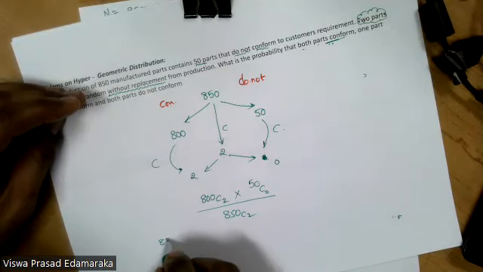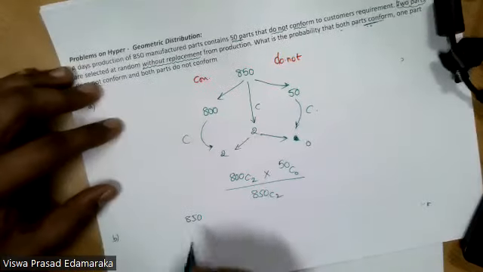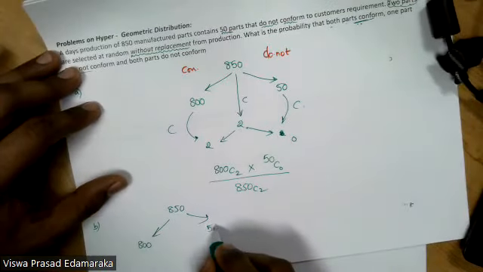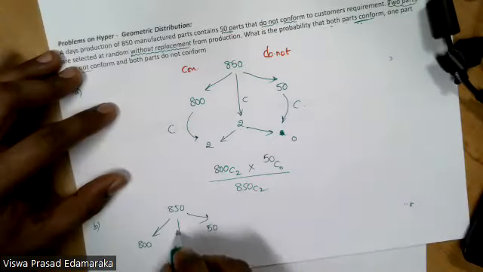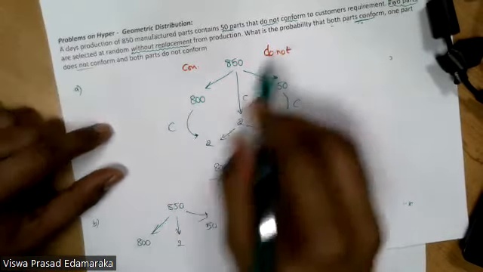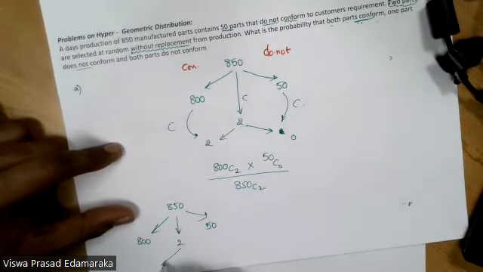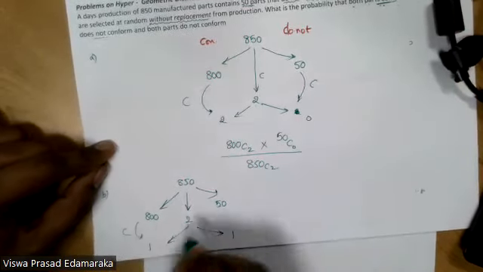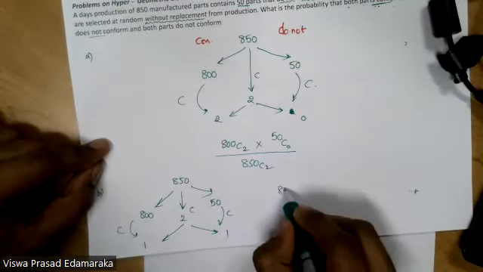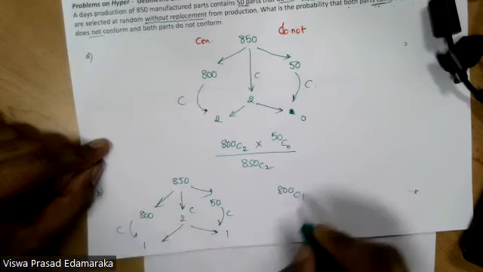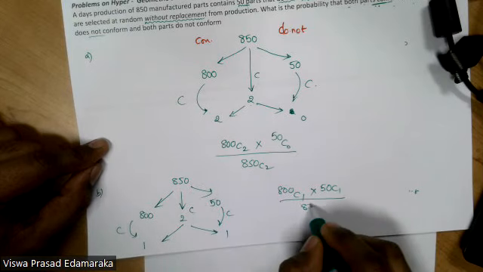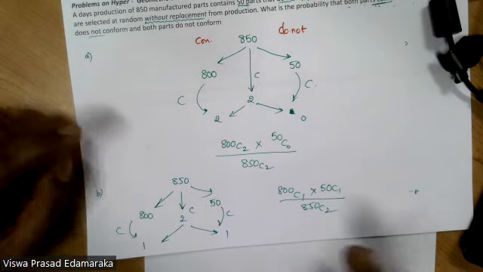There are 850. Out of 850, I have taken 800 confirmed, 50 do not confirm. I have taken two. One is confirm, another one is do not confirm. Simply write C, 800 C1 into 50 C1 divided by 850 C2. That's it.